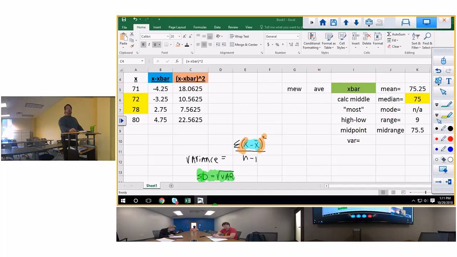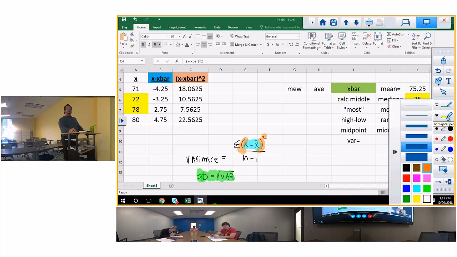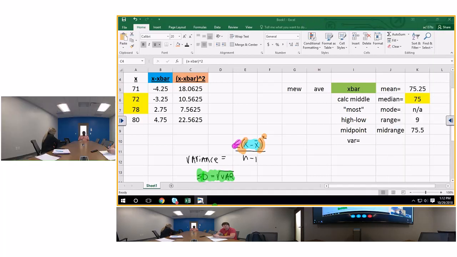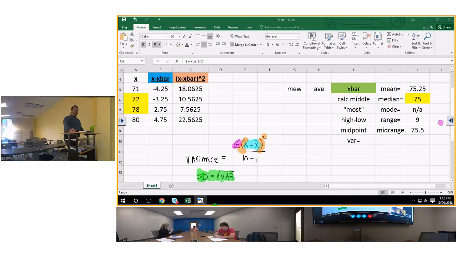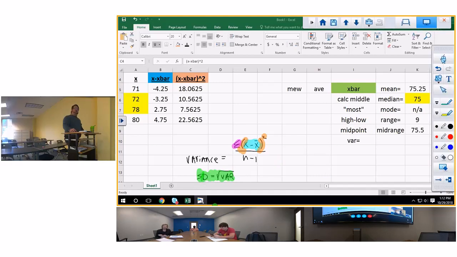So I'm going to highlight that in a color I haven't used yet, magenta. And that means, does anybody know what sigma means? It means you add them all up.